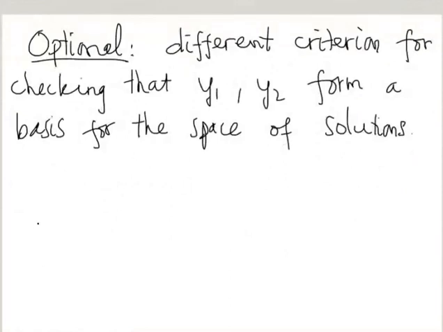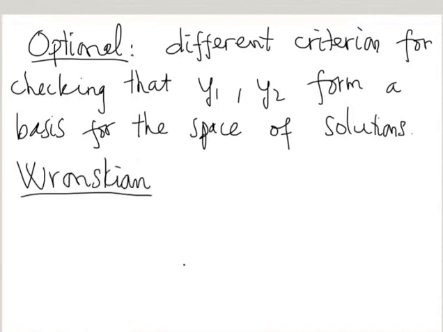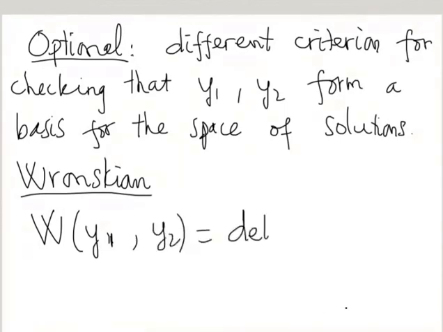Other books use something called the Wronskian, and the Wronskian, denoted by W of y1, y2, is the determinant of this 2 by 2 matrix: y1, y2, y1 prime, y2 prime.